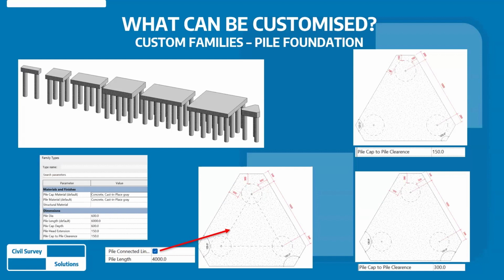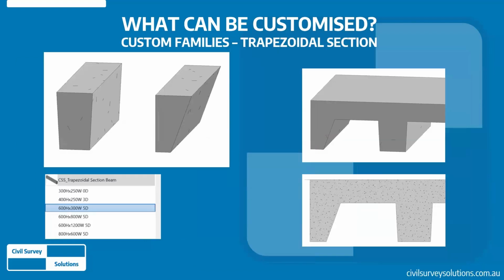All right, moving to the next slide, which is trapezoidal section. Okay, this is basically a beam. I have made it. You have the flexibility of tapering the side walls of the beam. As you can see, I created a bunch of them, like 300H into 250W, 0D.